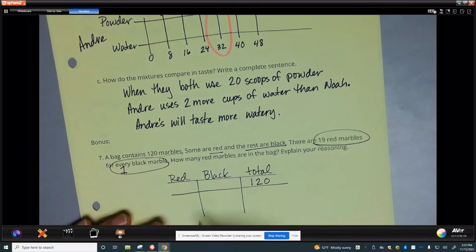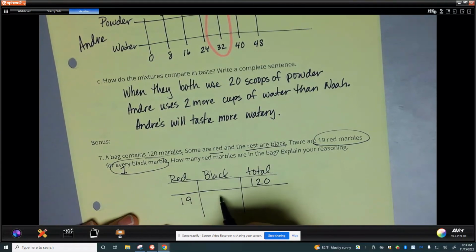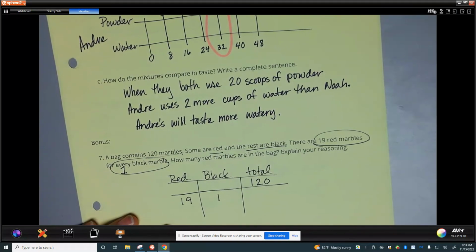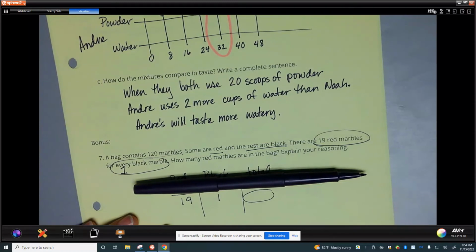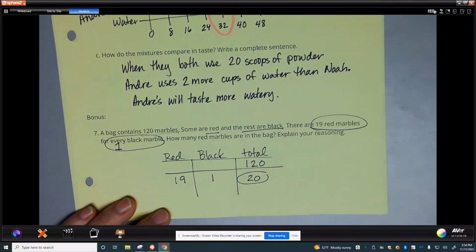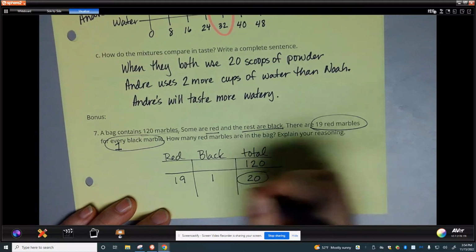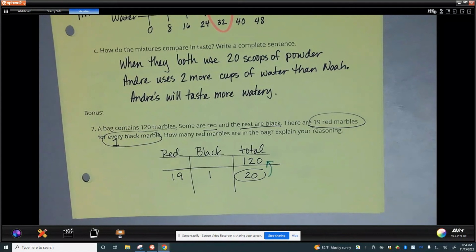And I could do this in any order. I don't know why I put the total on top. So 19 red and 1 black, which means how many would I have altogether? 19 and 1 would make 20. And if I had 120, I need to think about this relationship between 20 and 120.